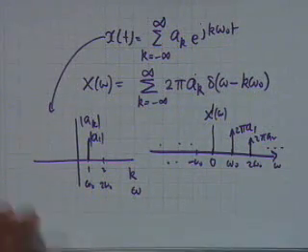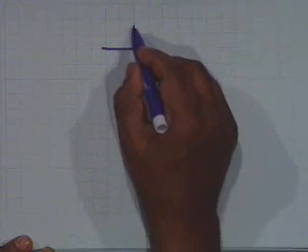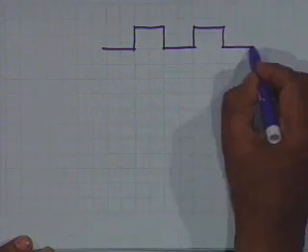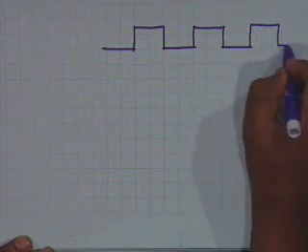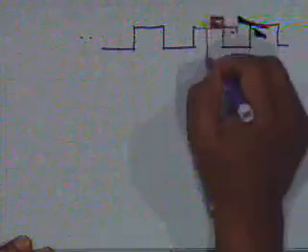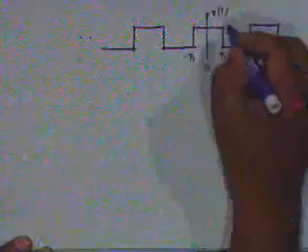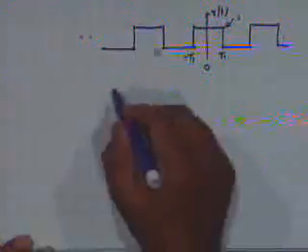Let's take a few examples. If you take the familiar rectangular wave function and you extend it periodically, with pulse from minus T1 to T1, and this is x of t, let's take the amplitude as 1. Then you know x of t is equal to a summation, what is a_k?